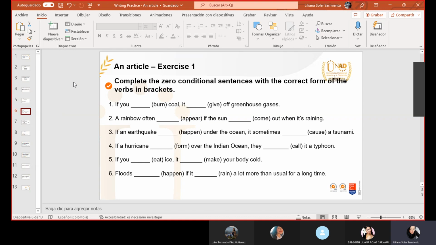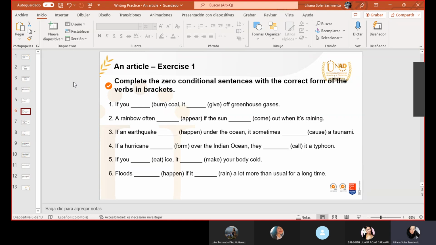Okay, exercise number 1 consists of completing the zero conditional sentences with the correct form of the verbs in brackets. Do you remember the form of the zero conditional?